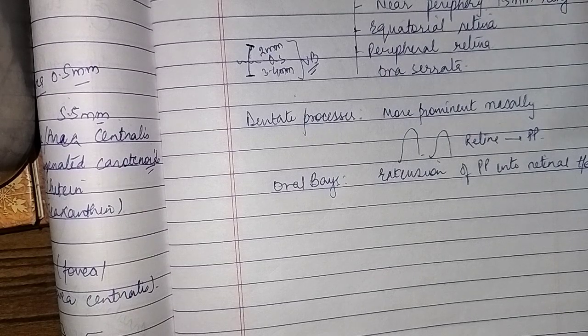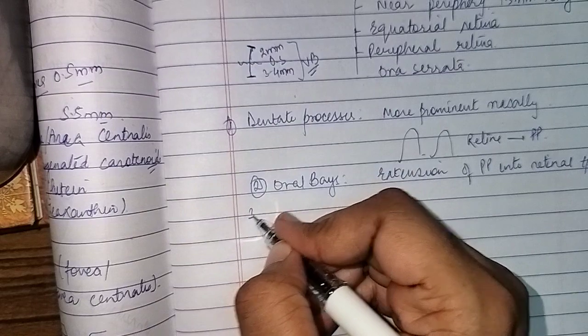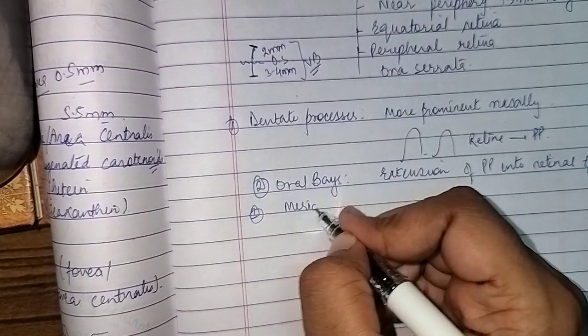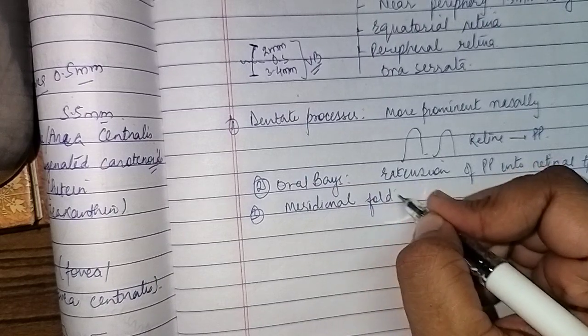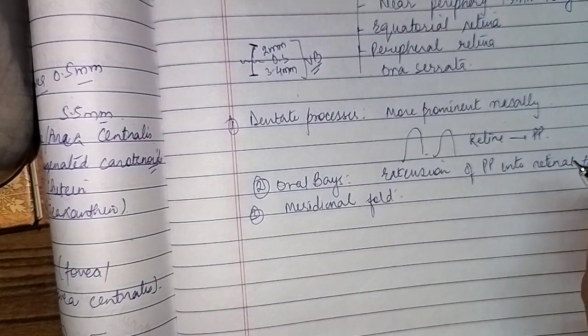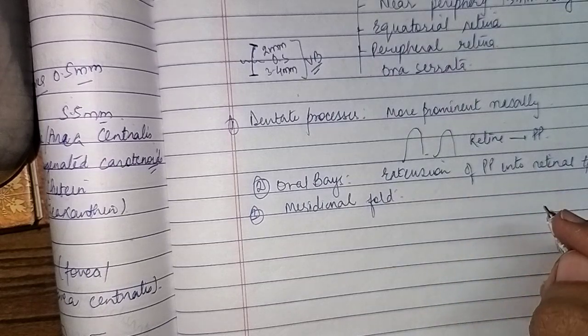It is a thickening of the retinal tissue that extend into the pars plana. Okay. So dentate processes, ora bays, meridional fold. What is that? So it is a thickening of retinal tissue that extend into the pars plana.